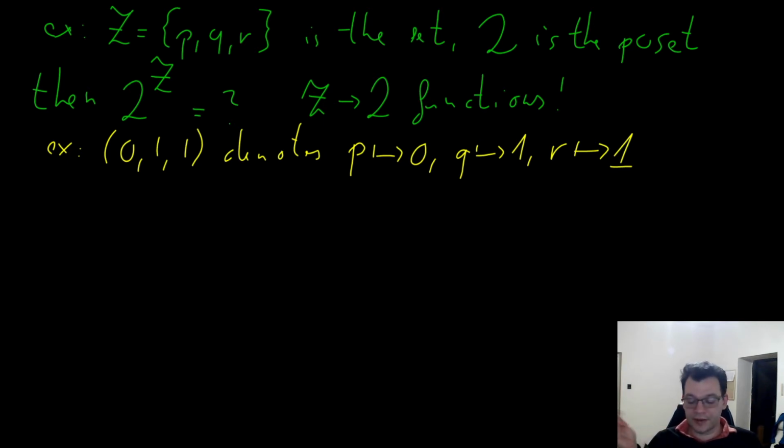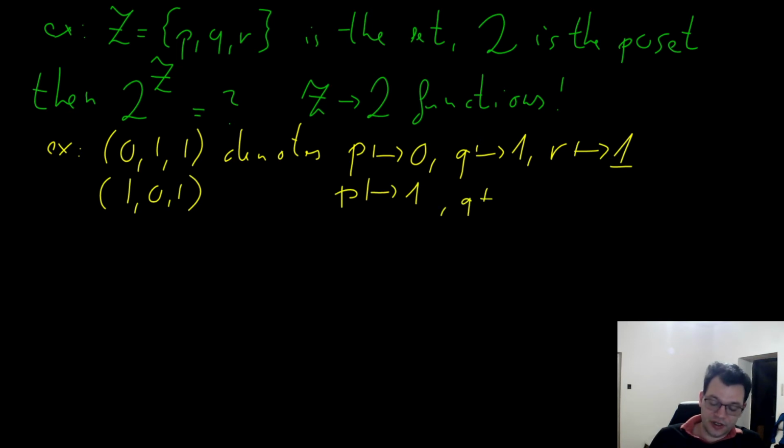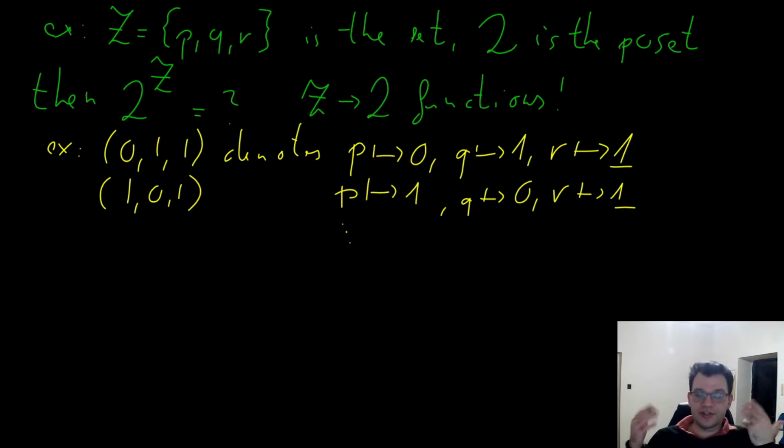Then 0, 1, 1 is just this mapping, and of course 1, 0, 1 is the mapping when p is 1, q is 0, and r is 1, right? And so on. So these functions can be viewed as vectors. These vectors might be infinite if you have an infinite number of variables, but that's not a problem for us. I will call them vectors even if they are infinite. I think it's a bit easier to see when a function is essentially just like a vector.